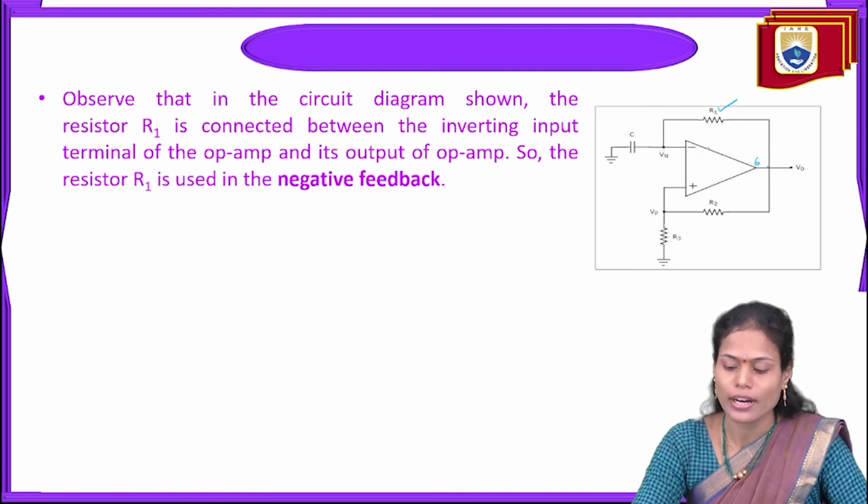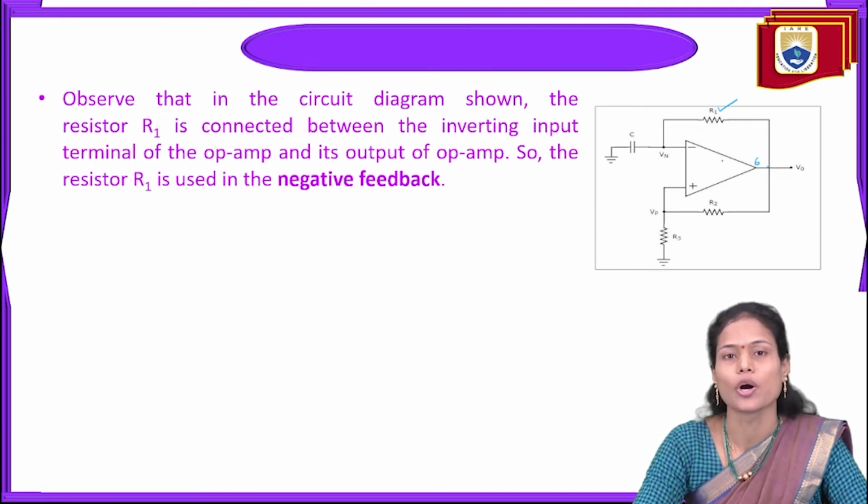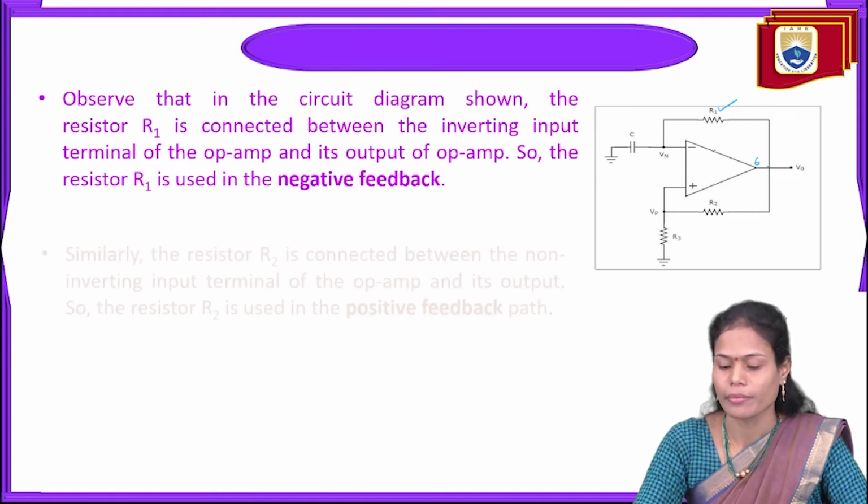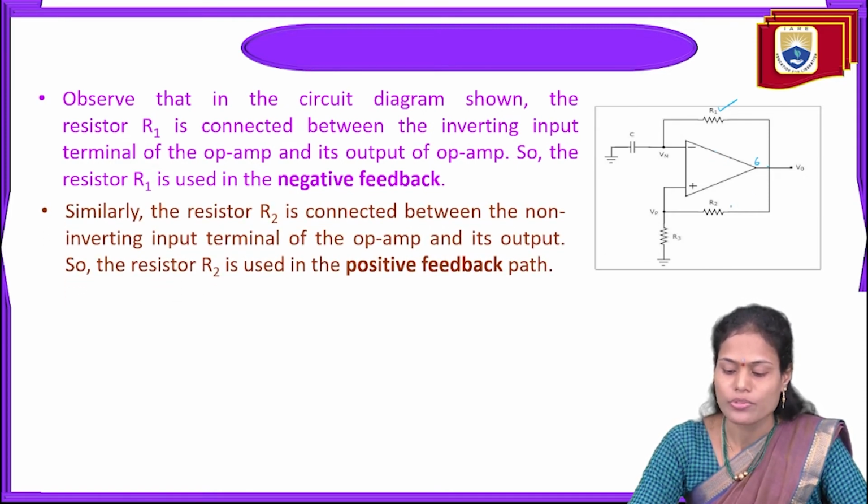So we can say that this R1 resistance is providing the negative feedback to this operational amplifier or this square wave generator.